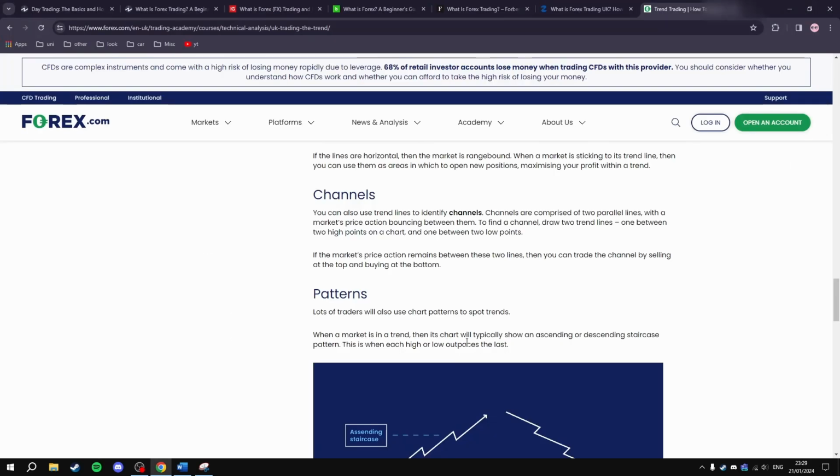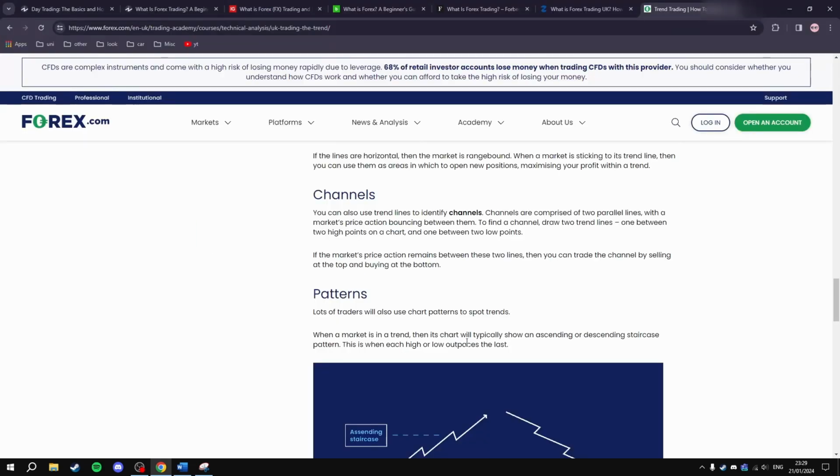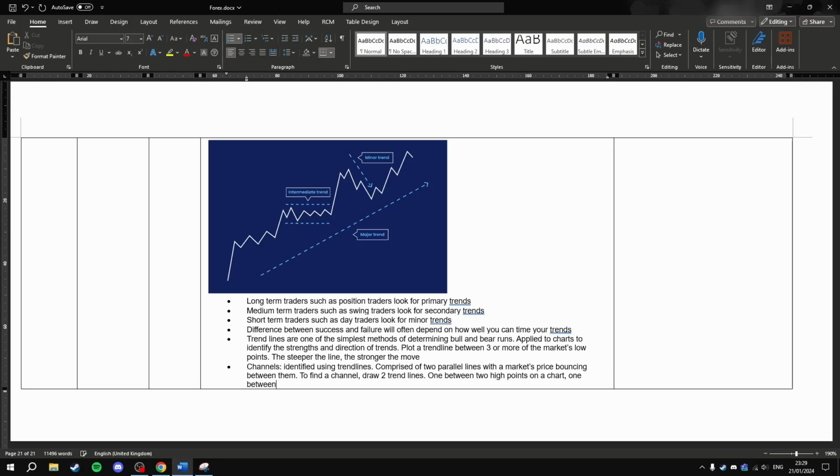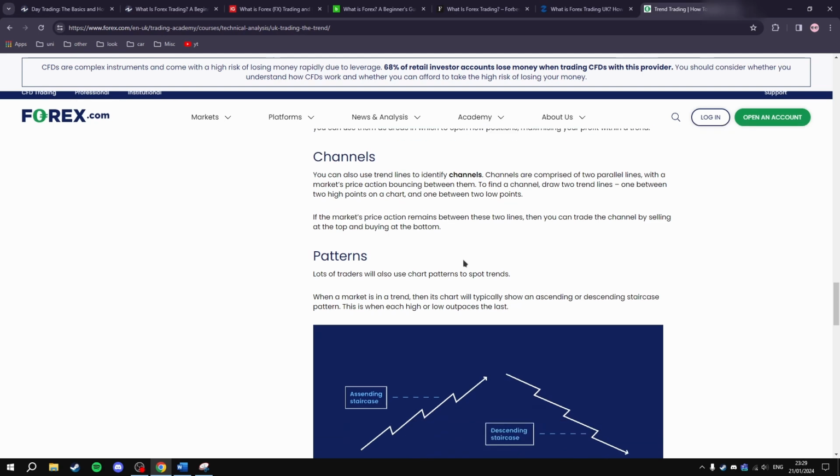So one between 2 high points and one between 2 low points. If the market's price action remains between these 2 lines, then you can trade the channel by selling at the top and buying at the bottom.